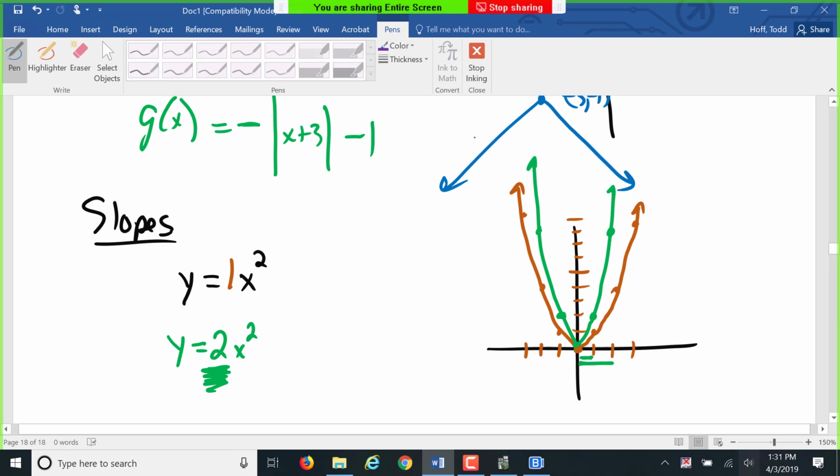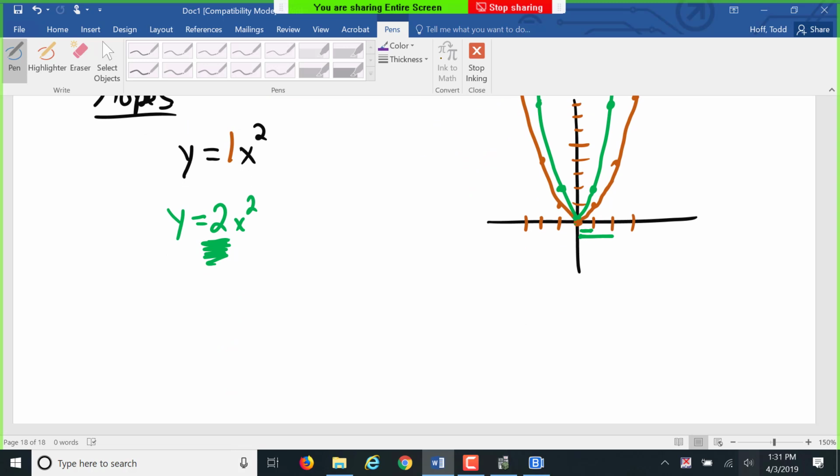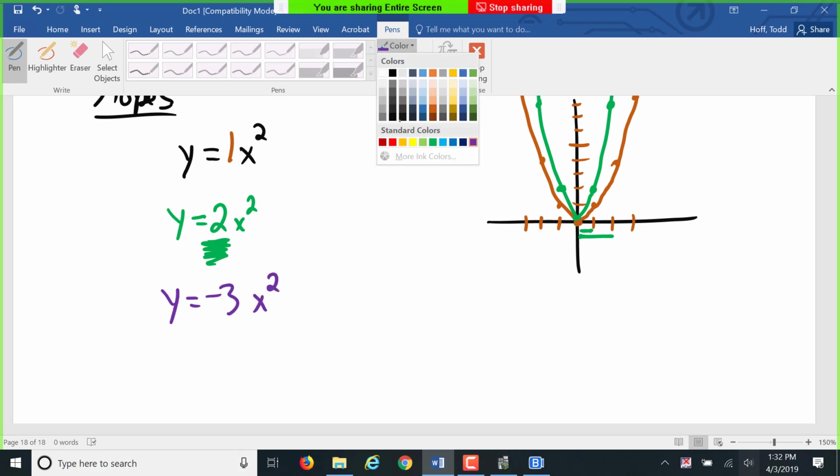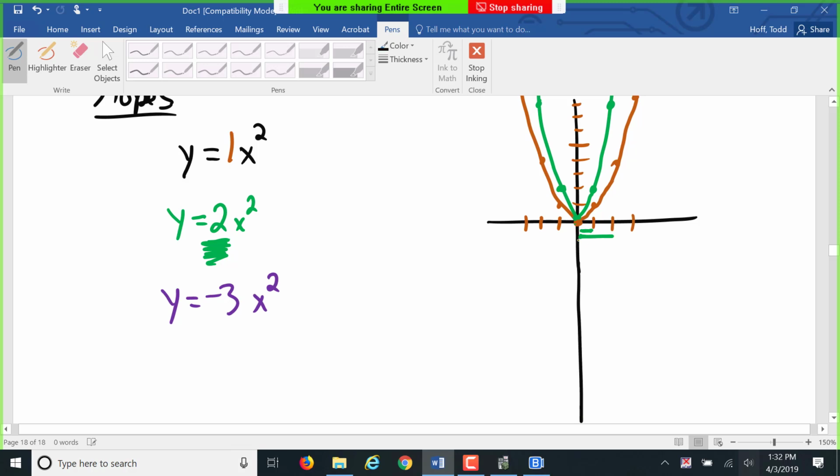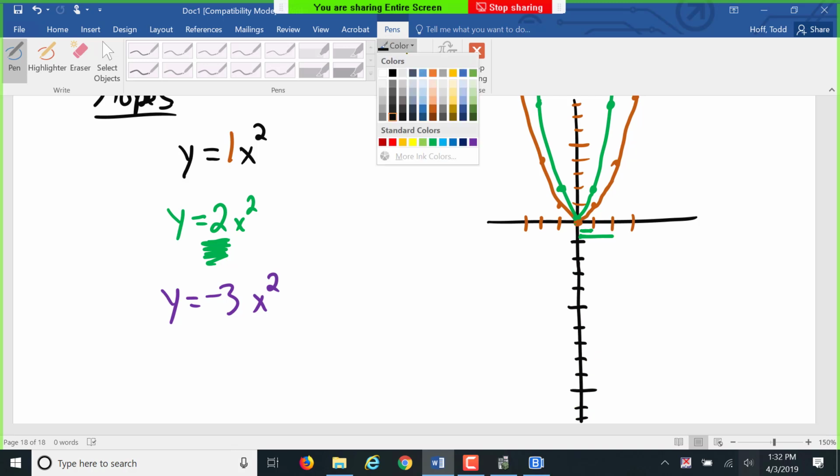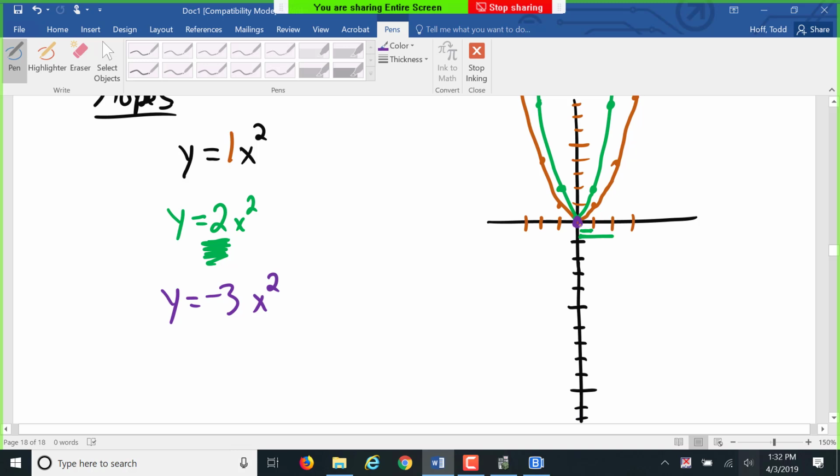What if it were y equals negative 3x squared? Well, same thing. Vertex is still at the origin. If we go over 1, what's 1 squared? 1, right? We have to multiply that by negative 3, so we go down 3.